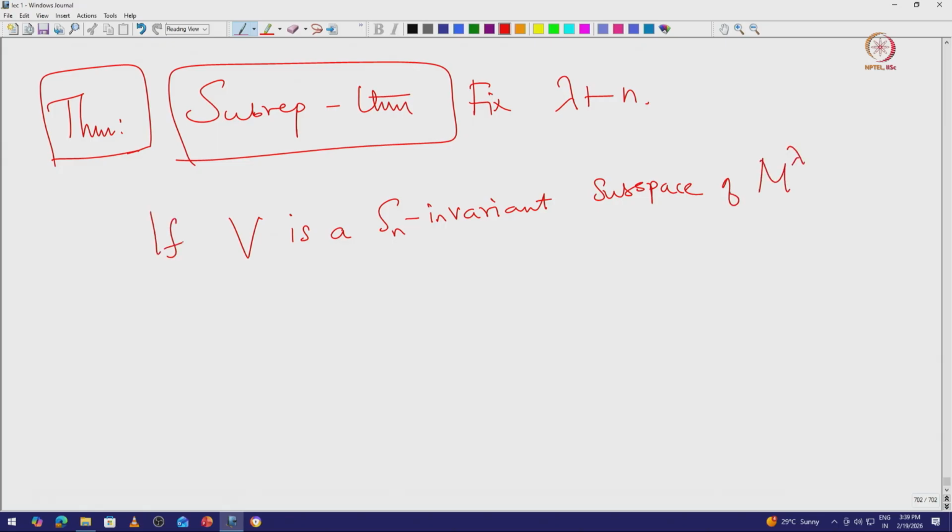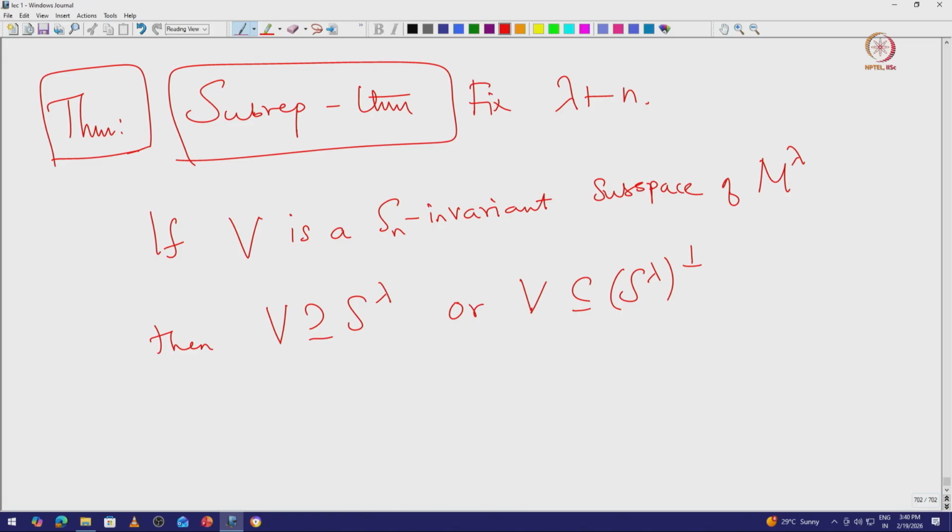Then we have only two choices: either this V contains this S lambda or this V is contained inside this S lambda perp. If you assume that m lambda is the direct sum of S lambda and its orthogonal complement, which is the direct sum of S mu, you can see that any invariant subspace is either fully contained in one part or the other part.